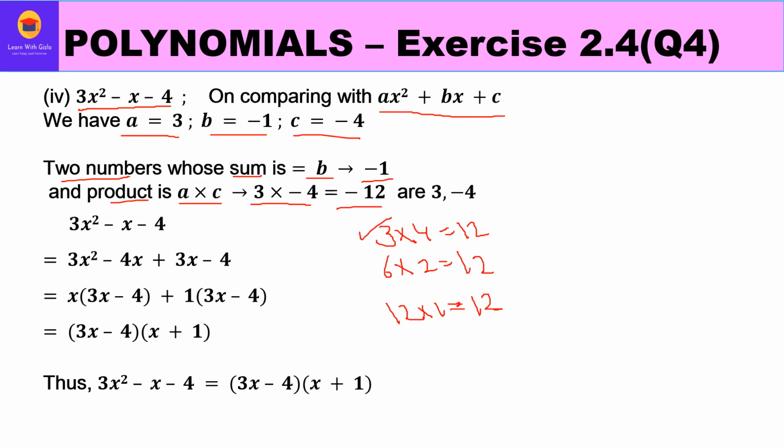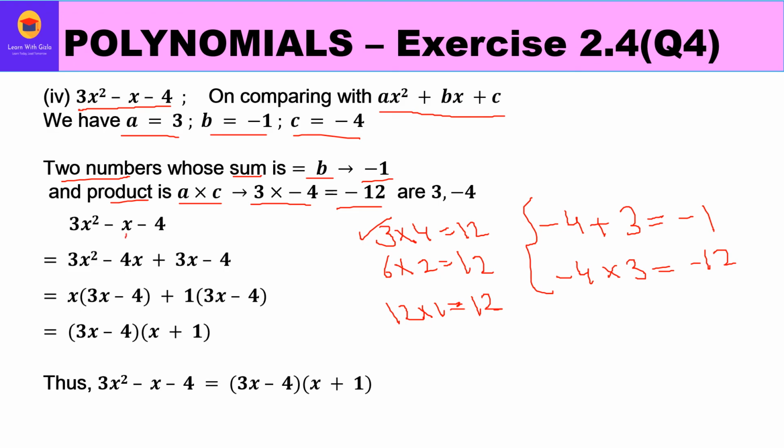If you take minus 4 and plus 3, you will get minus 1. And minus 4 into 3 will also give you minus 12, which we are looking for as a product. Right, so from these combinations of minus and plus, we can identify which are the two numbers.